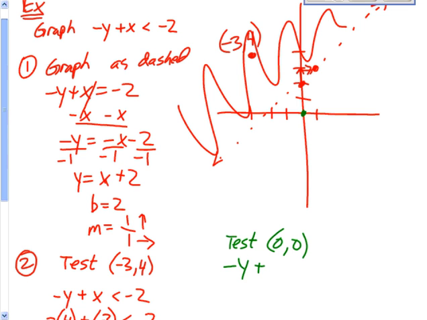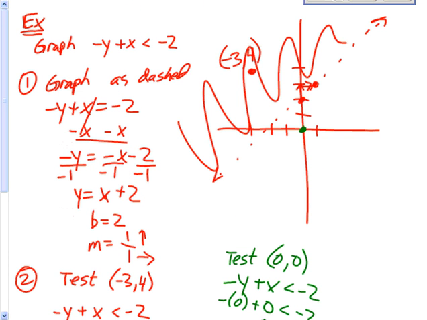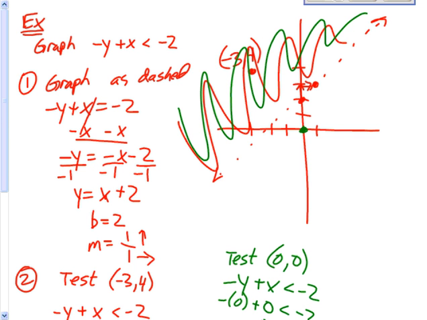Negative y plus x less than negative 2. You plug 0 in. Is 0 less than negative 2? I say, oh, that's definitely false, right? So I was on right here, so I'm shading the other side since it was false. See how it gives you the same solution there? Okay, we'll see you guys soon in class.